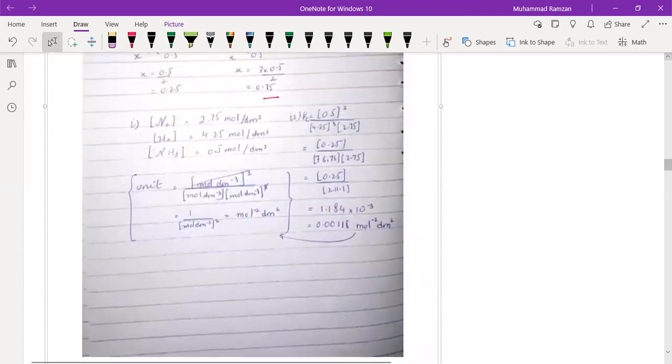This is Kc basically, 0.5 raised to power 2, and H2 is 4.25 because used up is 0.75, and N2 is 2.75. So this is the concentration of reactants and products at dynamic equilibrium. Now you put the values and get the answer, and this is the answer. Now please have a look. Is there any confusion?